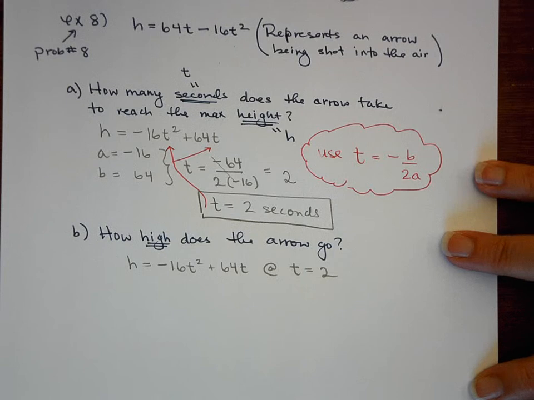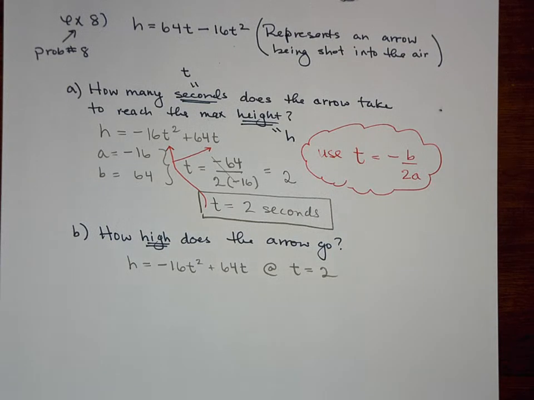So the original says initial speed of 64 feet per second. So does that mean that for every 1 second, it's always going to go 64 feet? When you throw a ball up into the air, is it always at 64 feet per second, or does it slow down a little bit? No. It slows down. What's making the ball slow down? Gravity, right?